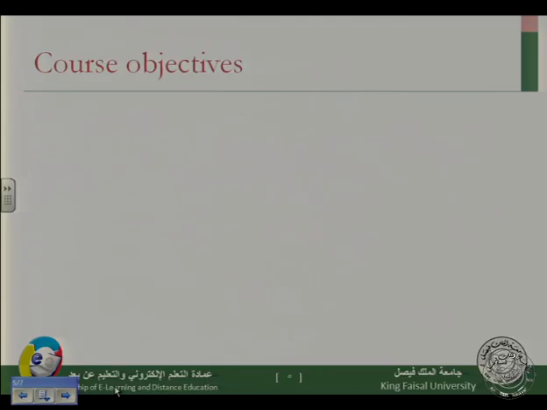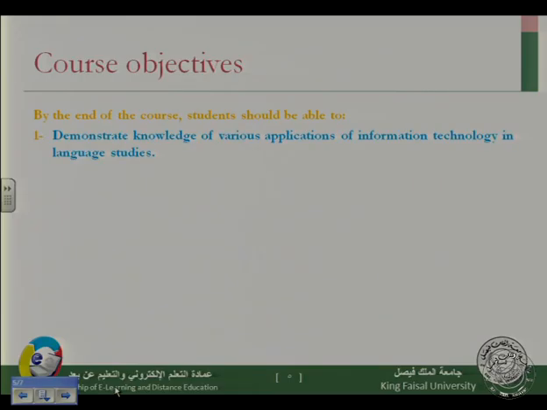Course objectives. By the end of the course, students should be able to demonstrate knowledge of various applications of information technology in language studies. If you are asked about some of these applications, you will know some of them.